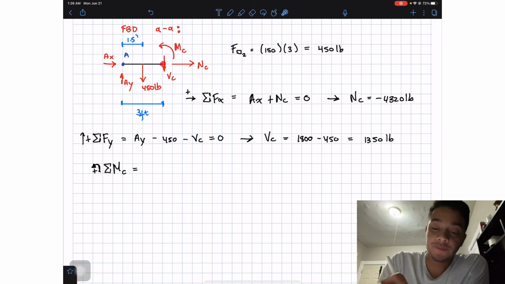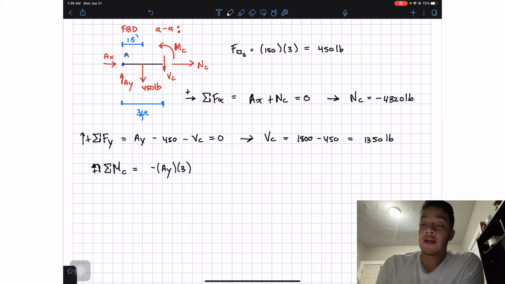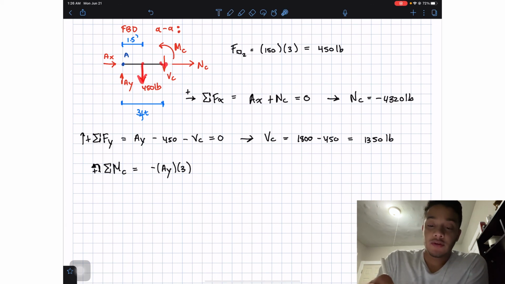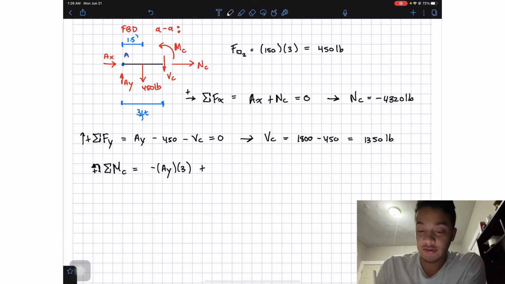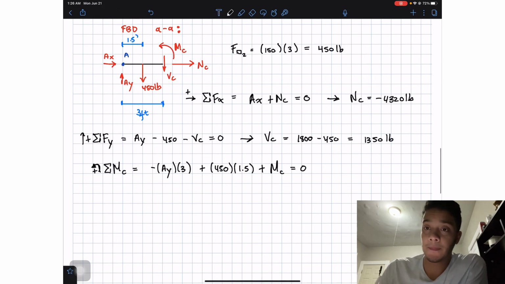If I'm holding here, this force AY will want to rotate me clockwise, so we'll have AY multiplied by the distance, which is 3 feet. Now this 450 holding from here will want to rotate me counterclockwise, so we'll have positive 450 times the distance, which is half of our length, meaning 1.5. And the last thing I have is the internal moment at point C. And all this should be equal to 0.